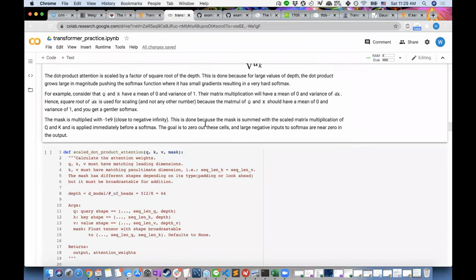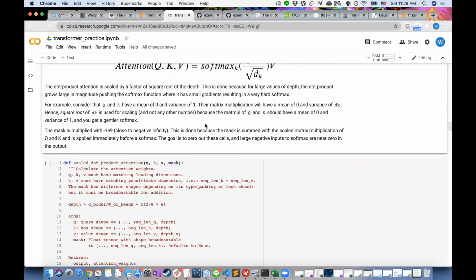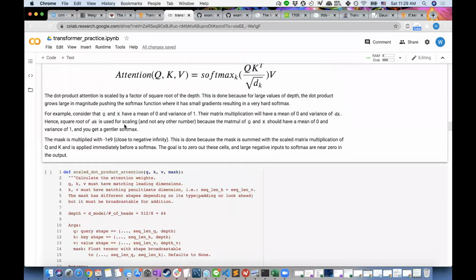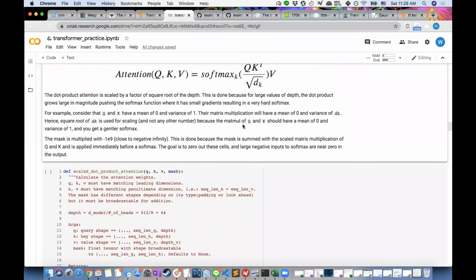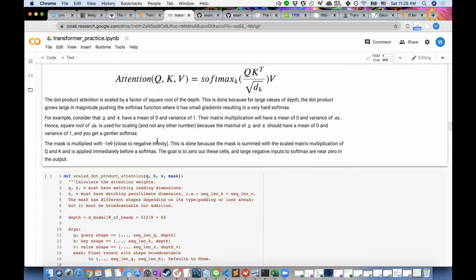in the outputs. And the Q and K have a mean of 0 and variance of 1. Their matrix multiplication will have a mean of 0 and variance of dk. Hence, square root of dk is used for scaling and not any other number, because the matrix multiplication of Q and K should have a mean of 0 and variance of 1.